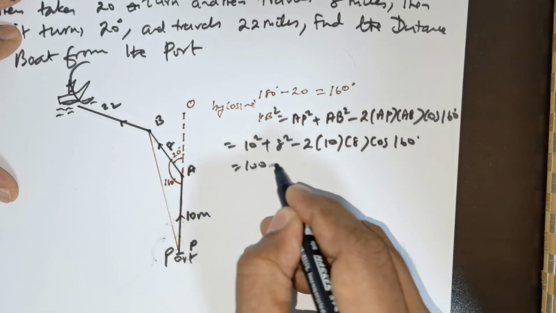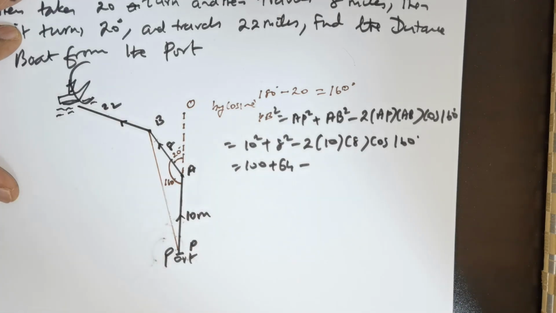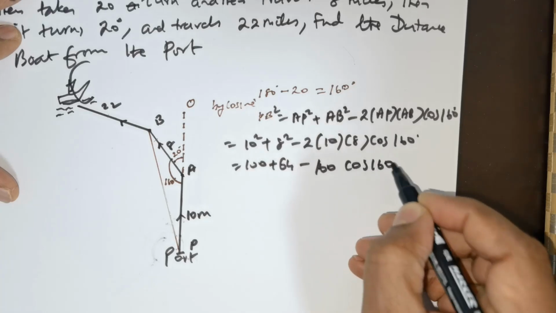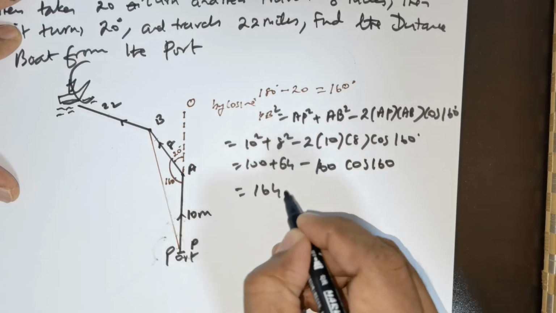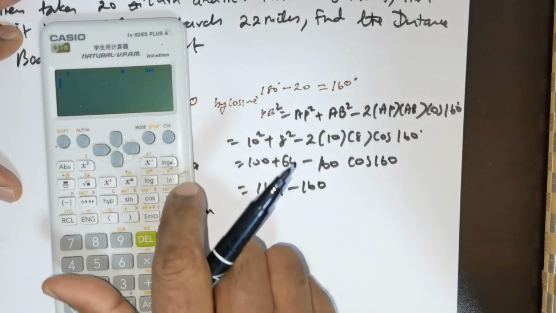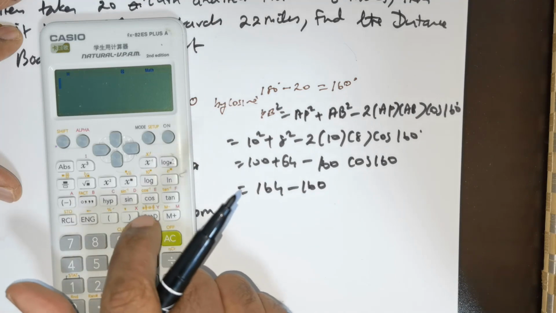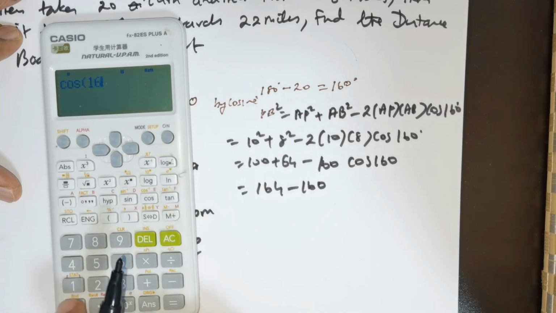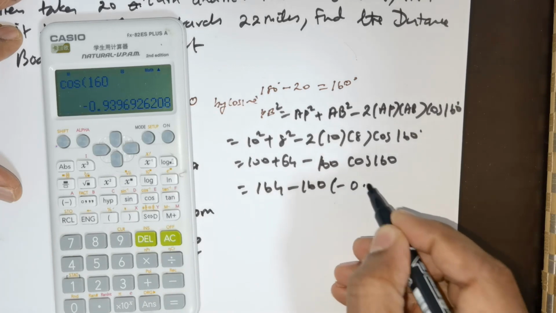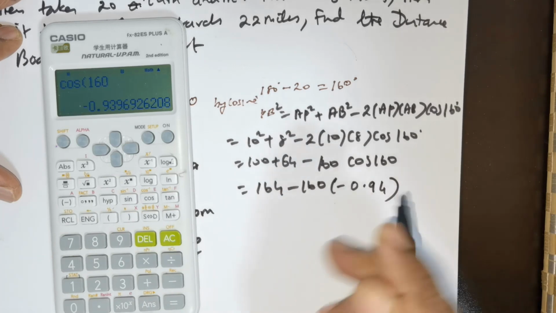This is 164 minus 160 cos 160. Okay, this is cos 160. This is going to be negative 0.94.